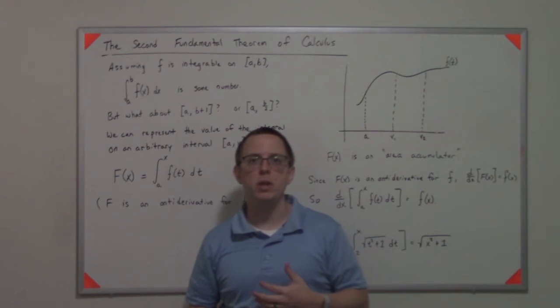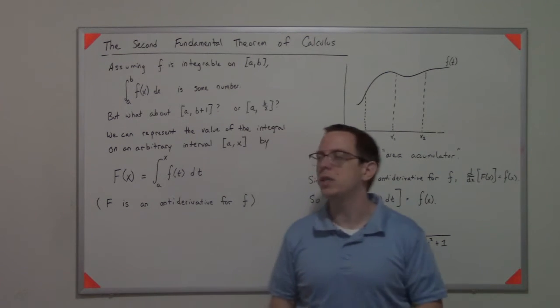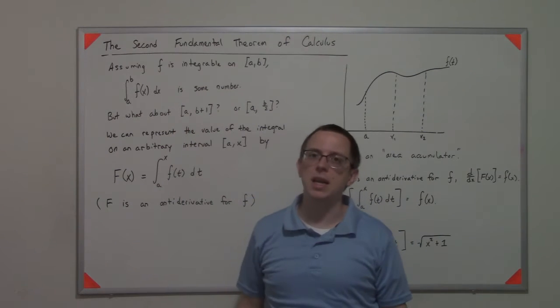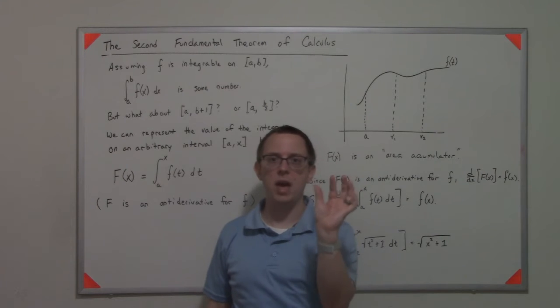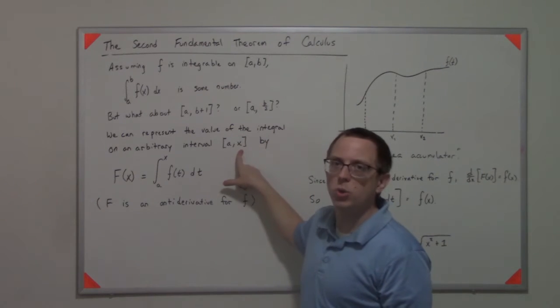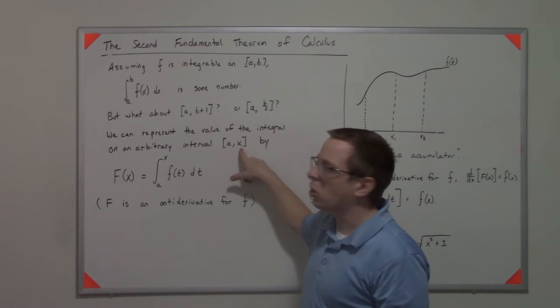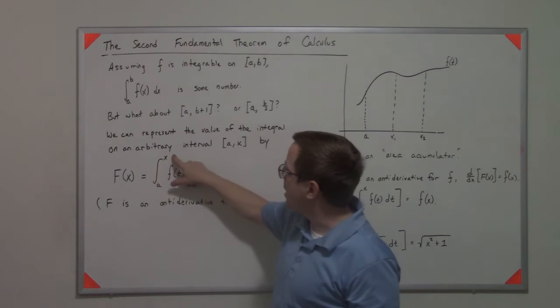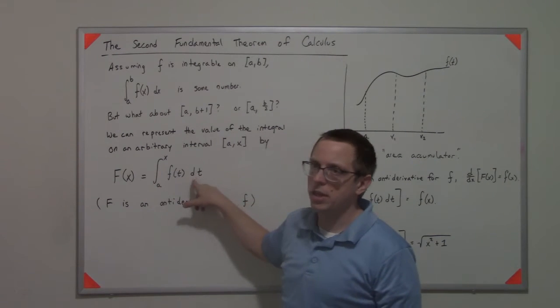So what if instead we thought of it as a parameter? What if we said, let's fix a, but set up that second endpoint as a sliding value x that we can adjust? So we can represent this arbitrary upper bound with x. So we integrate from a to x of f of t dt.